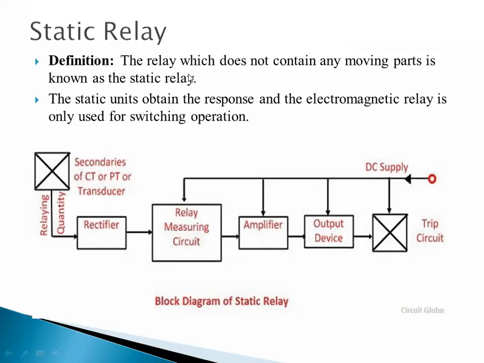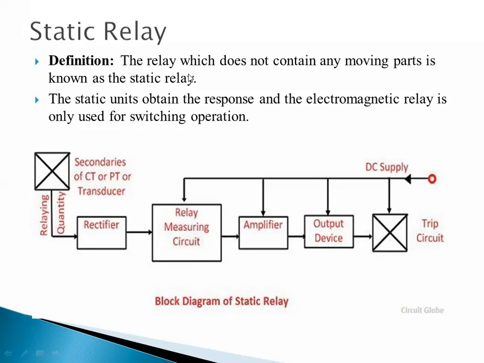So this relay measuring circuit includes some comparators, detectors. Here actually, when the relay operates, when there is any fault. So if any fault occurs, the relay detects that fault first. When that fault happens, that time the value of current gets increased there.